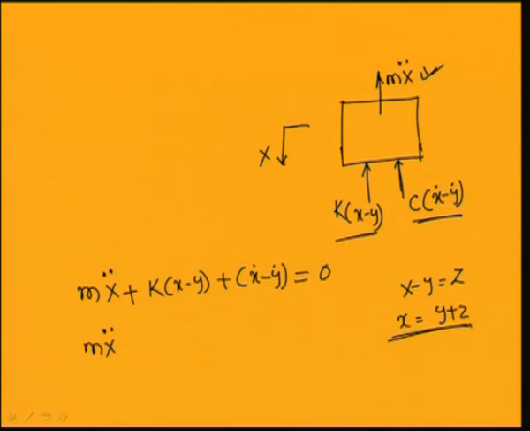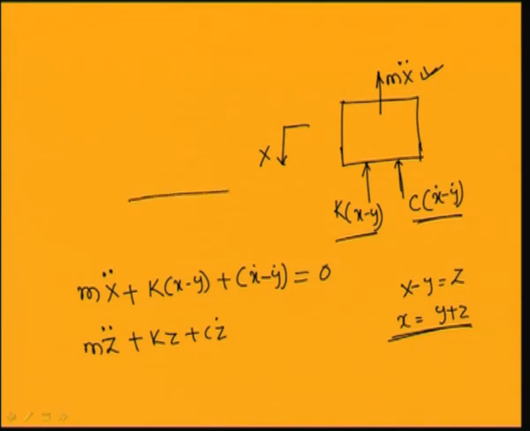As x equals y plus z, I will replace x double dot by z double dot plus y double dot. So, it will be m z double dot plus k z plus c z dot, plus m y double dot. This m y double dot I will take to the right hand side.